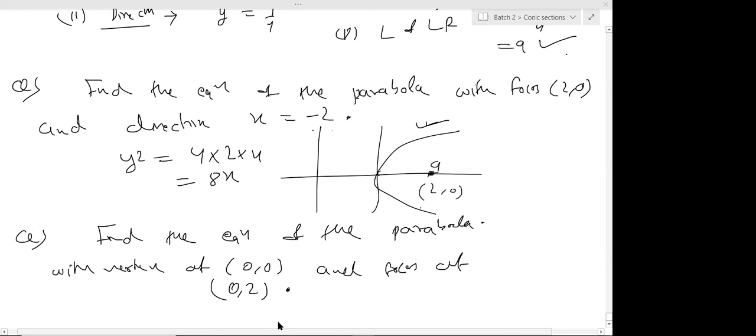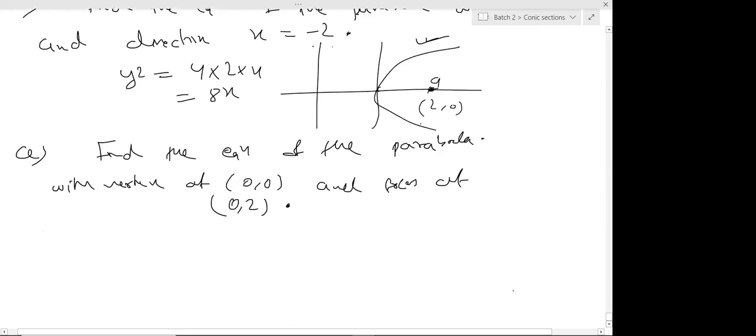Mazia, solved? Yes, sir. All right. So your focus is at 0, 2, vertex is at 0, 0, so it will look like this.